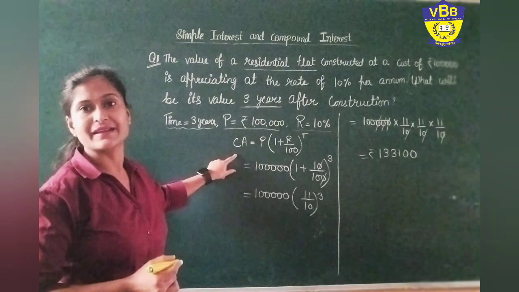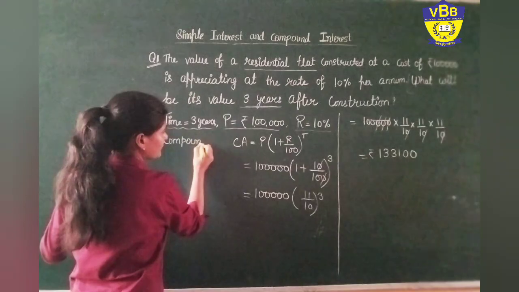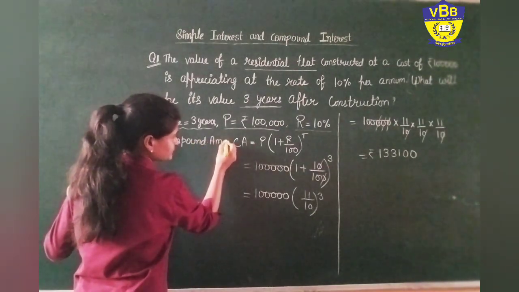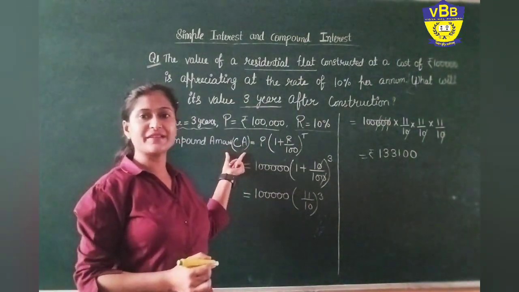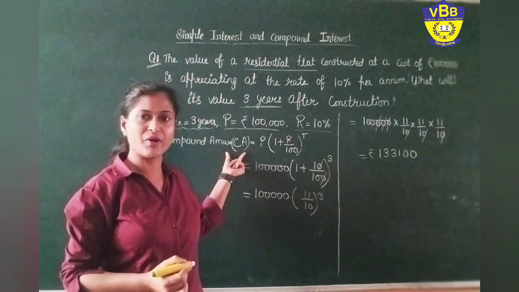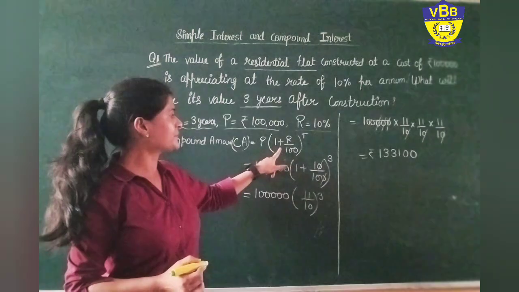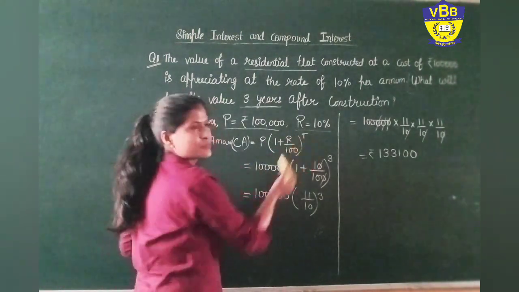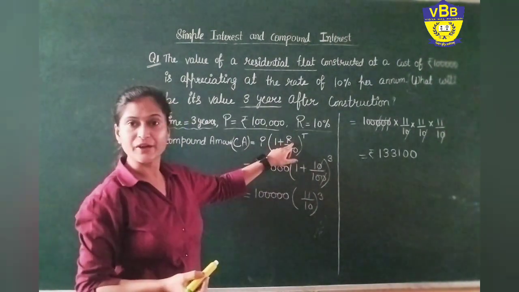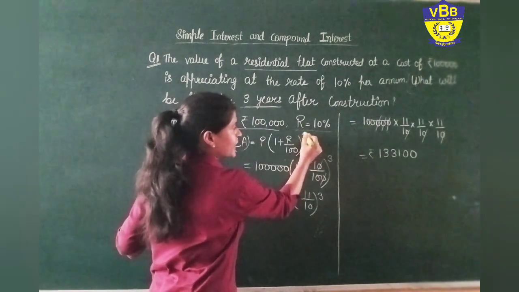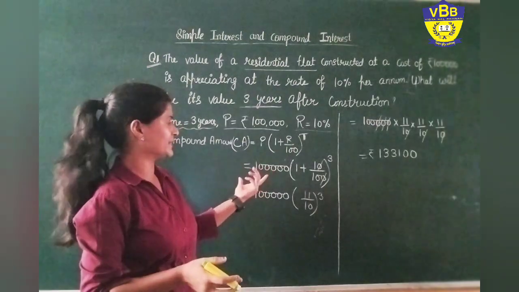For 3 years, what will be the actual value appreciated? So CA, that is compound amount. What is the short form of CA? Compound amount. We can calculate the compound amount directly by using this formula: P into (1 plus R by 100) raised to power T, where P is principal, R is your rate of interest, and T stands for time period, how much time you have taken in this case.